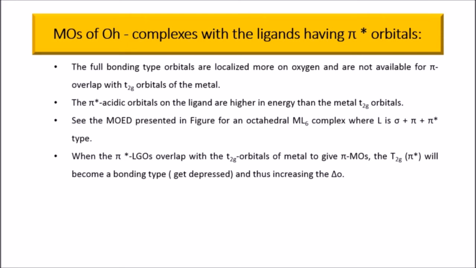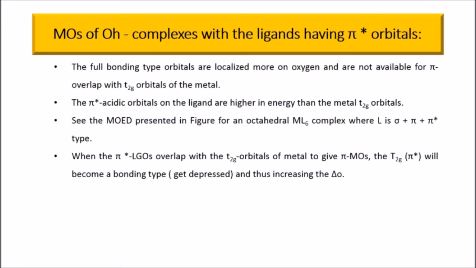So if we compare the splitting energy in these three interactions, sigma donation and pi donation has lower splitting energy, and sigma donation, pi donation, and pi acceptance has the highest splitting energy. That means only sigma donation comes in between. Lowest is sigma donation and pi donation.